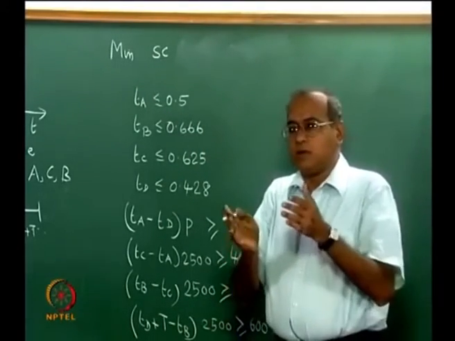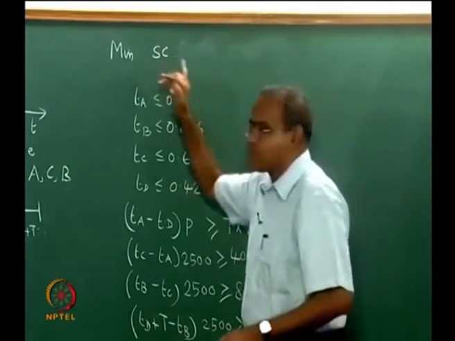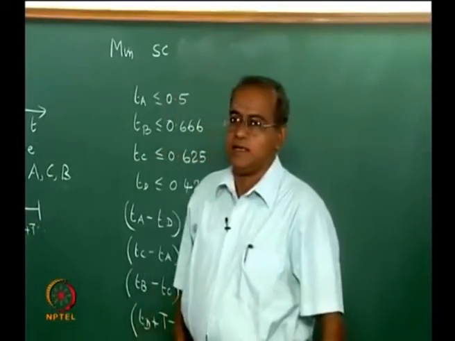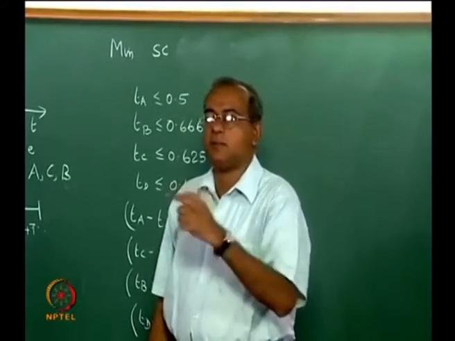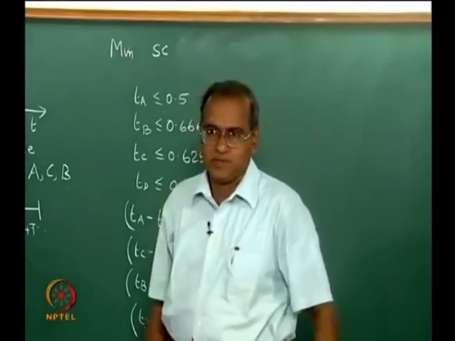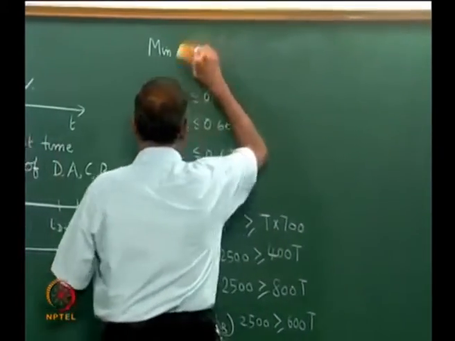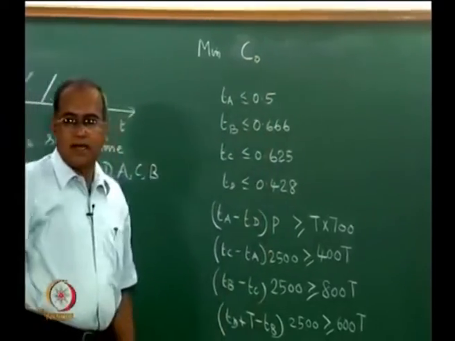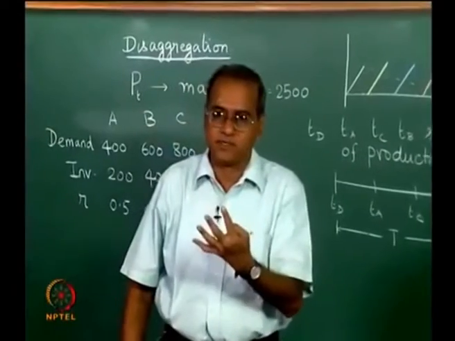Now, the total setup cost per year or per given time period is the product of the individual setup cost into the number of setups per year. So, individual setup cost, if we call that as C naught, and number of setups per year, each cycle is going to have 4 setups.